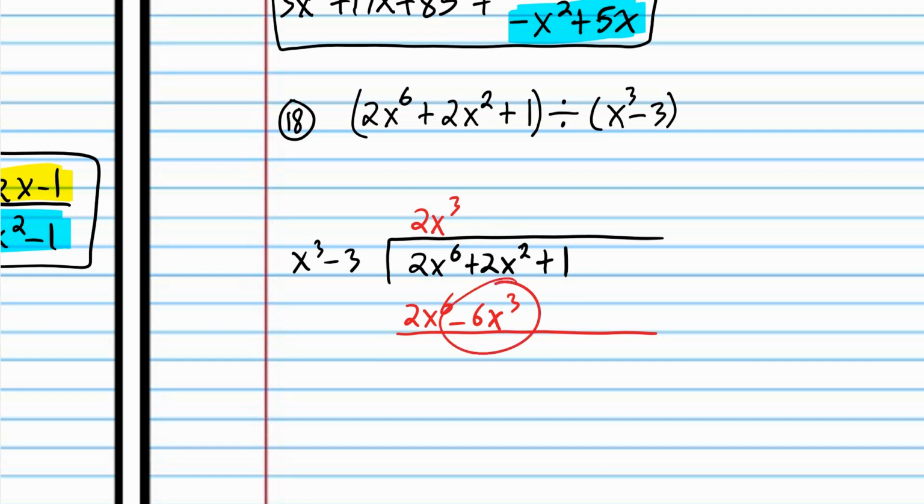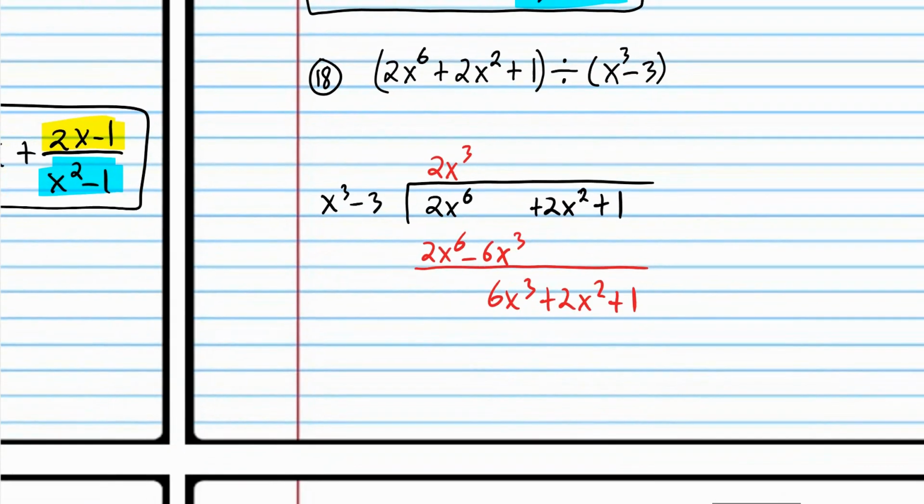So when you subtract negative 6x cubed, you're just subtracting from 0. So 0 minus negative 6x cubed is positive 6x cubed. And in these terms, there's nothing to subtract from, so you just rewrite them down here. If you want to, you can do it that way. But if it confuses you not to line those up, then you want to move these numbers over like so. It just depends on how you want to do it.